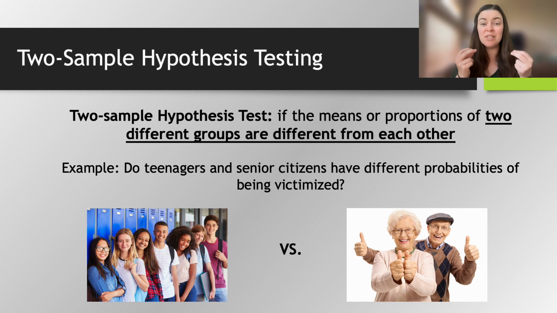This is two specific groups, teenagers and senior citizens. In the Chapter 8 Part 1 video, we saw this example used as well, but group 1 was senior citizens, and we had that versus the entire population. So hopefully this helps you visualize that shift. Now we're specifically comparing two groups to each other.